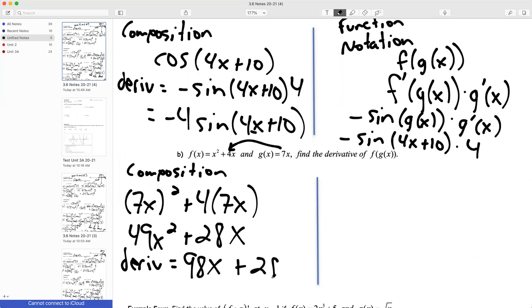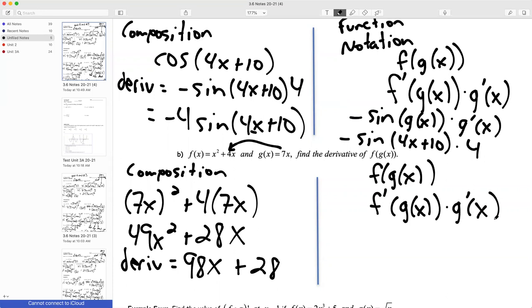And then I got a plus 28. So same thing over here, function notation, f of g of x, f prime, bring down the g of x, times g prime of x.